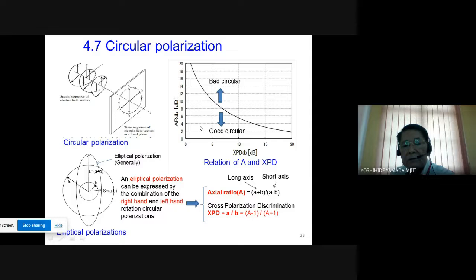This is a good circular, and this is a bad circular situation. And this is very elliptical. This is almost pure circular polarization. So that is from this relation of XPD and axial ratio.